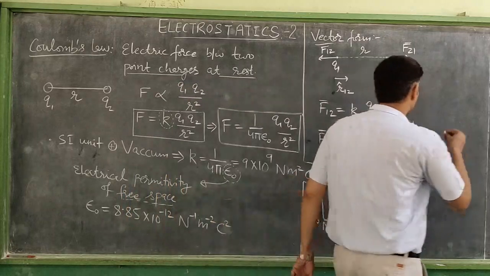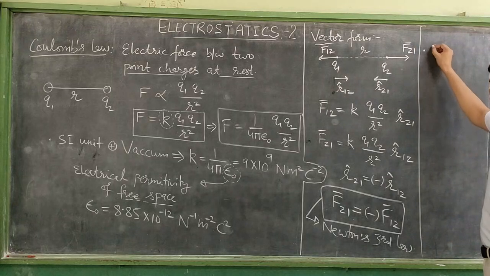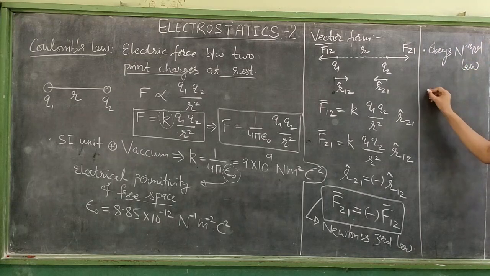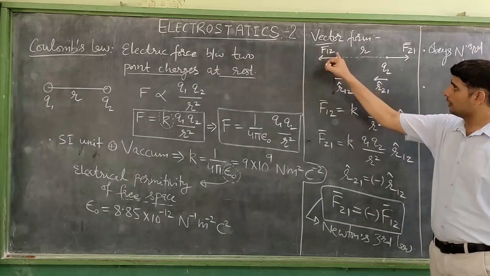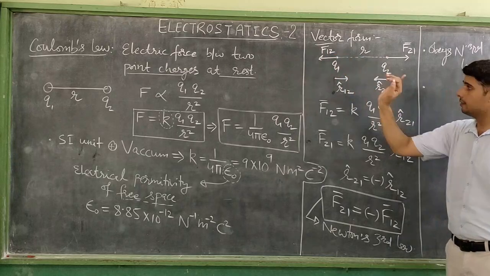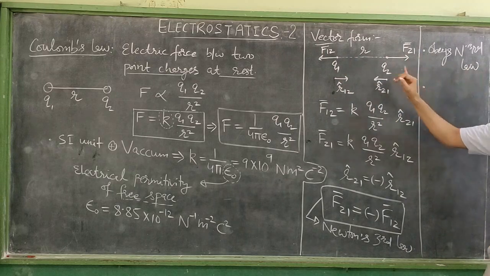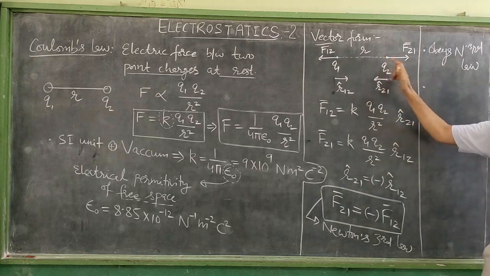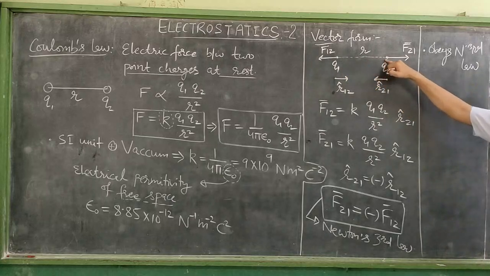So these are the conclusion points. Number 1, Coulomb's law obeys Newton's third law. Second point, since we are observing that these two forces, F12 force on first charge due to second, similarly F21 force on second charge due to first charge, they are acting along the line joining between them. This is the line joining between them. So they are not acting like this or that. No, they are simply acting along the line joining.